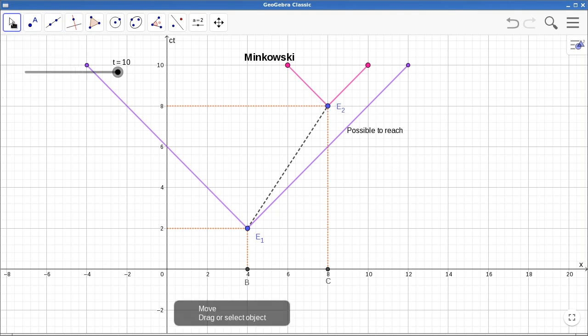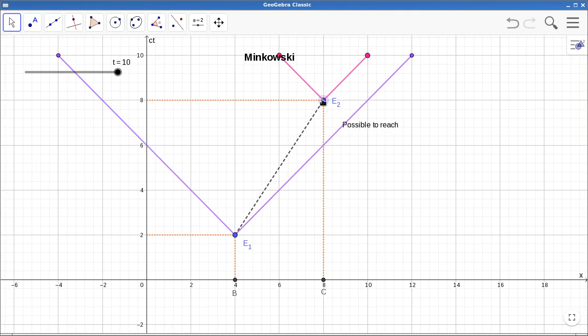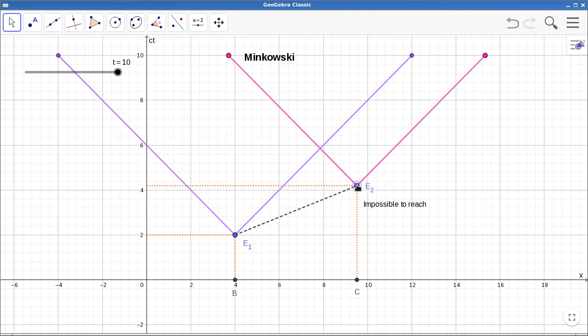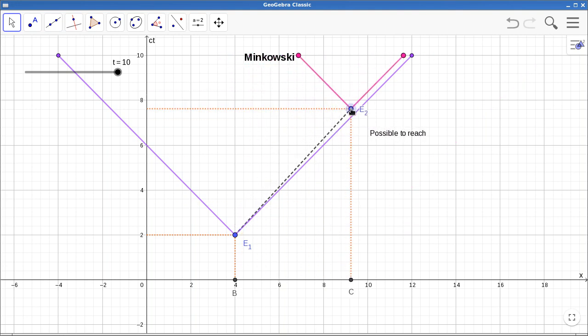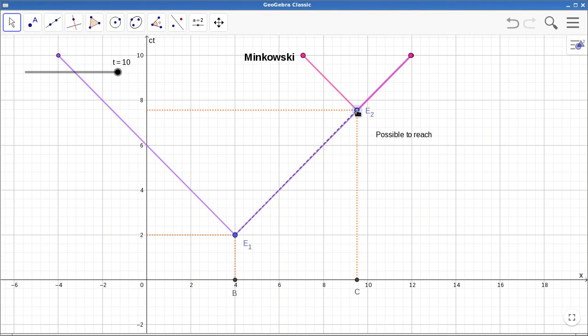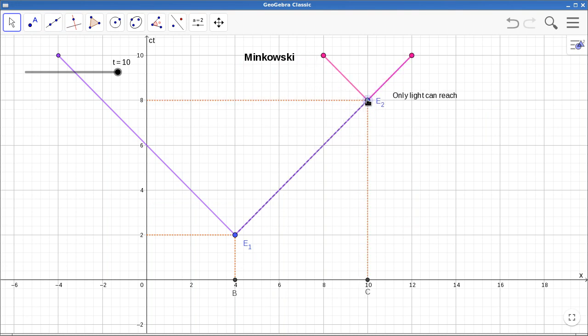So these events are absolutely separated, and the displacement vector in this case will be space-like. This is space-like, this is time-like, and if E2 lies exactly on this light cone, then we call it null-like or light-like.